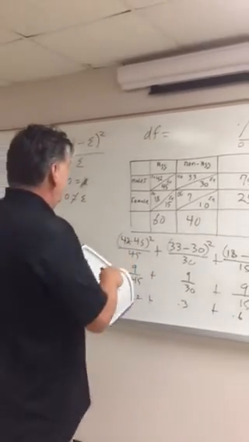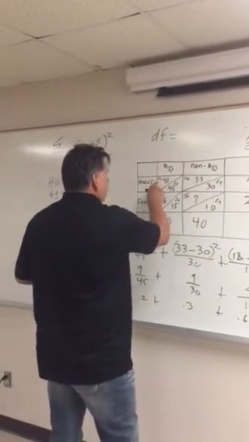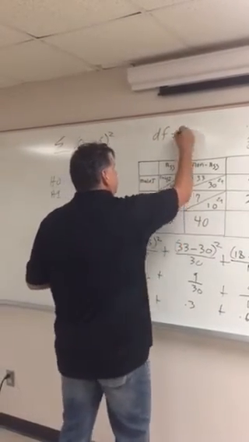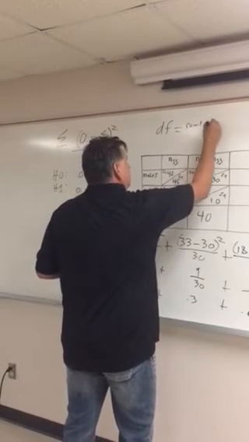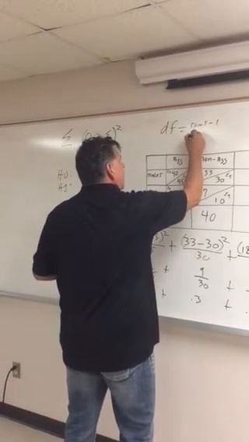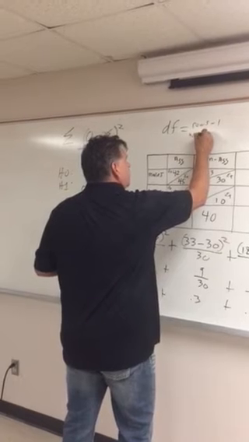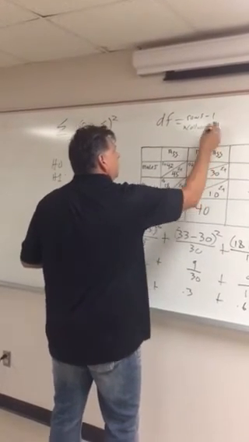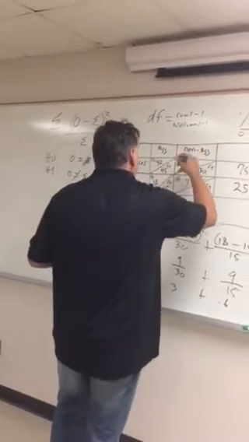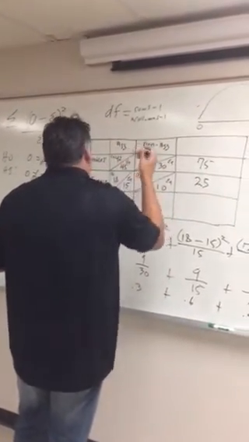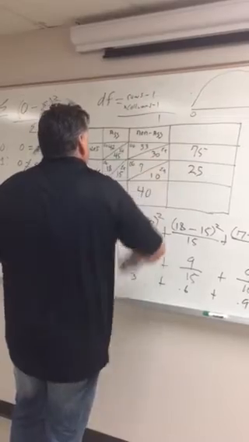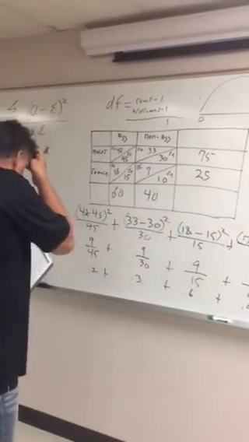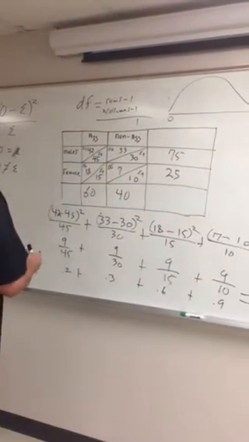So I find my rows minus 1 times my columns minus 1, 1 minus 1, so I got 1 degree of freedom.